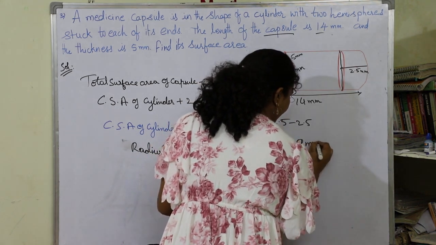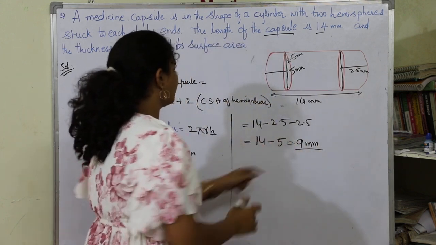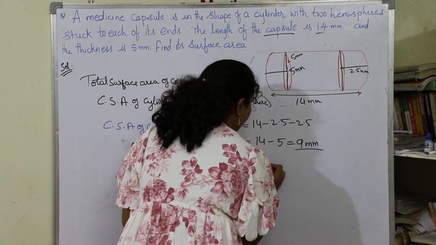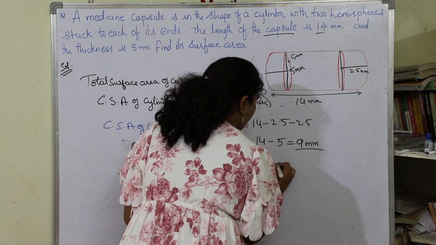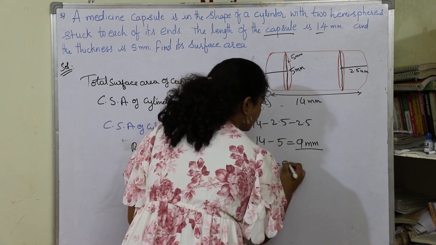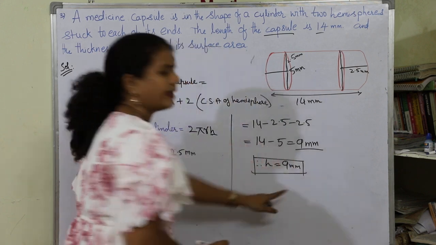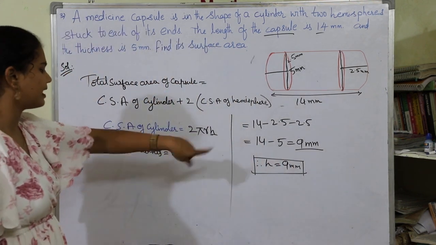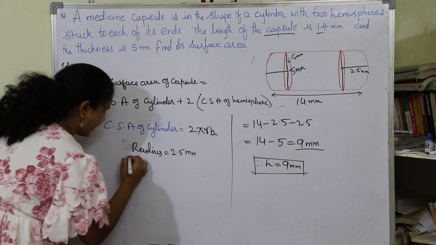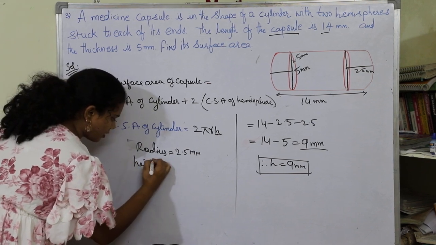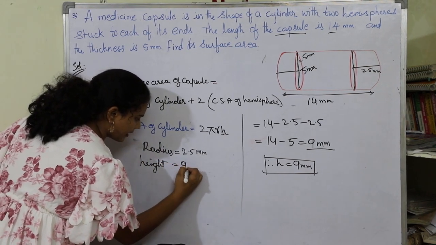So 9 millimeters finally. Therefore, the height of the cylinder equals 9 millimeters. Let me write down: height equals 9 millimeters.